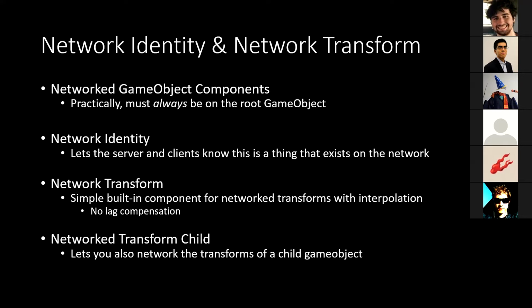But this is also just how networking is supposed to work. A network identity will automatically network everything that's parented to it, so it needs to go on the root object. Then there's network transform, which does what it says. It'll periodically update the transforms of the object to everyone on the network.